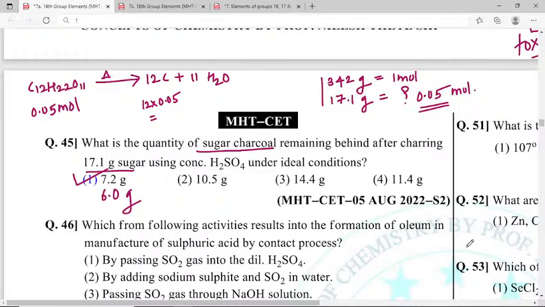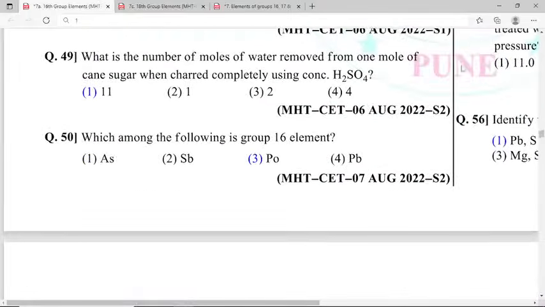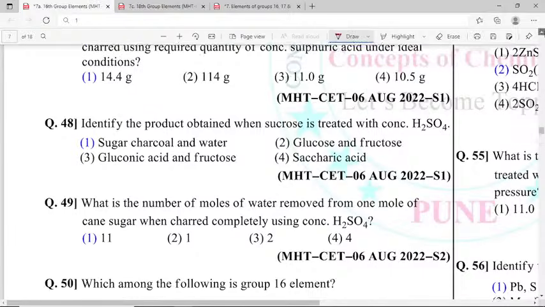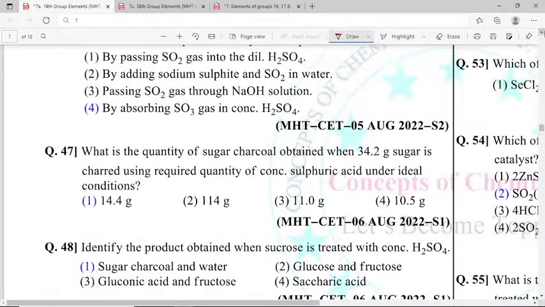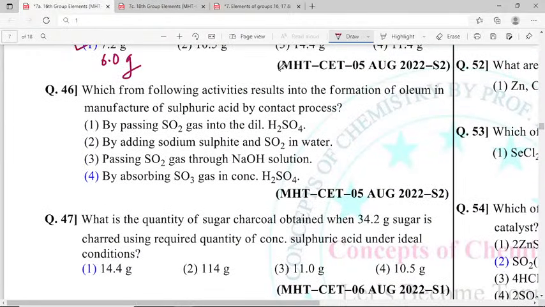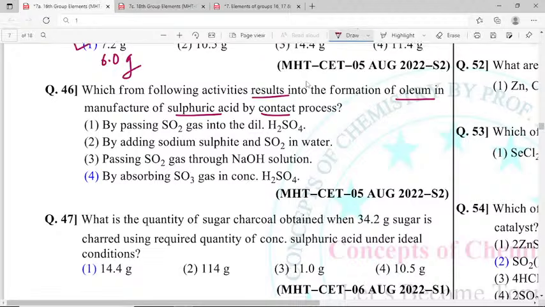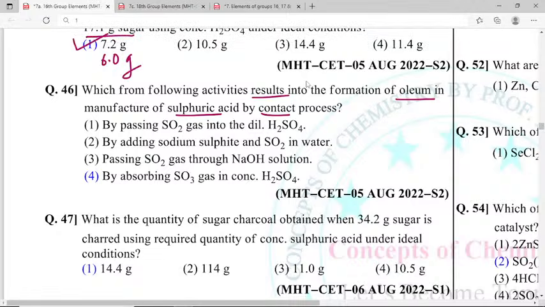Next question. Which of the following activities results in the formation of oleum? In the manufacture of sulfuric acid by contact process, yes.